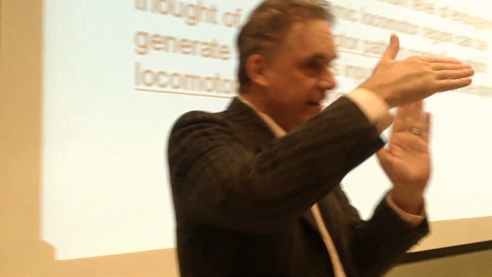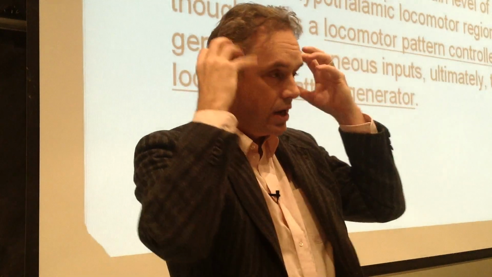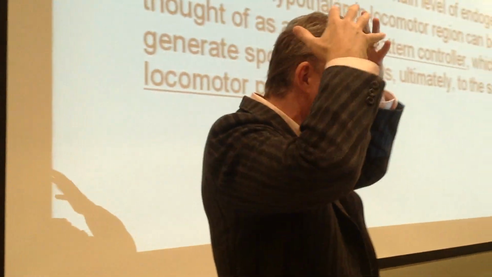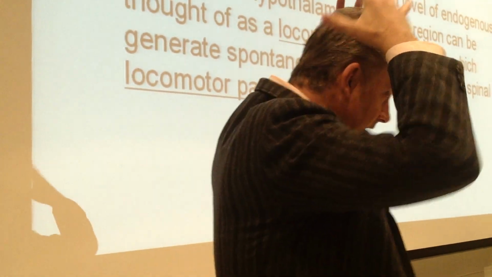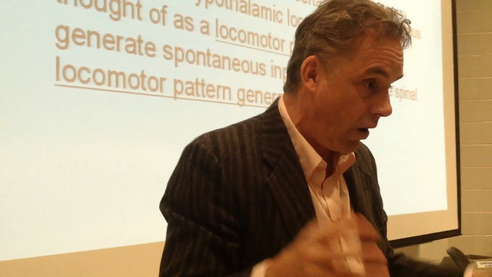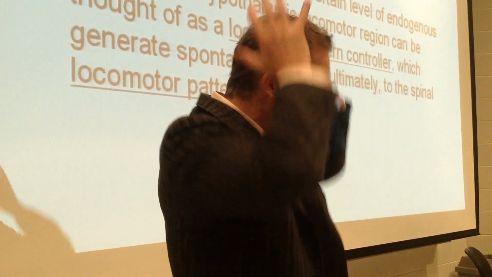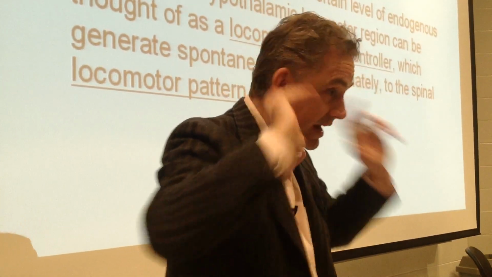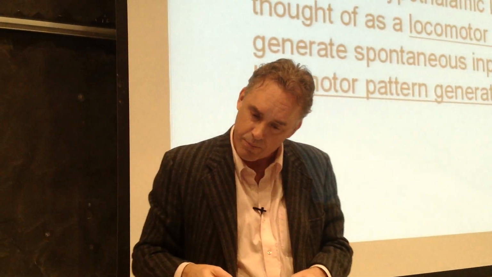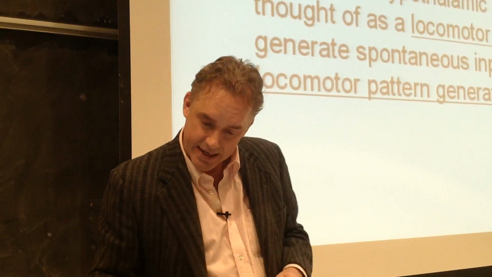But then you can separate the hypothalamus with the intact spinal cord, so it's one unit, from the cortex, and even from the memory systems, and even from most of the emotion systems. And so the animal, in some sense, hardly has a brain at all. The hypothalamus, as you saw, is a little tiny thing, and everything on top of that can be separated from it, and the animal can still act spontaneously.